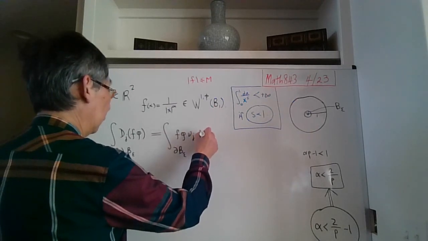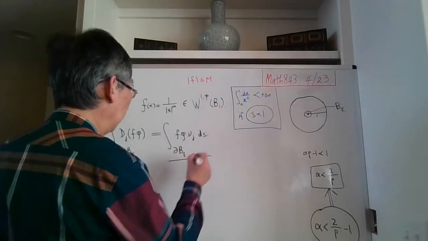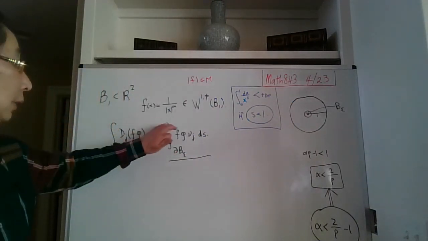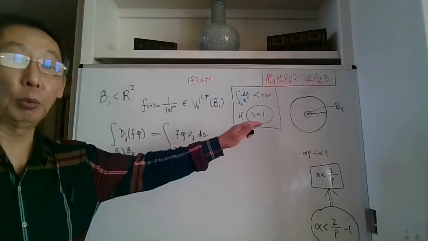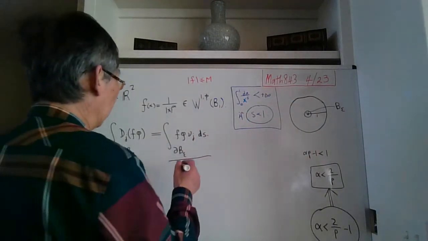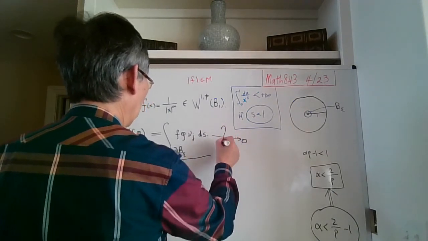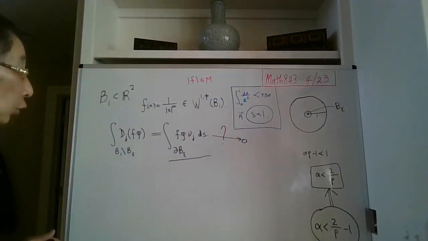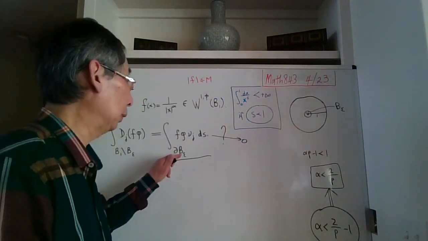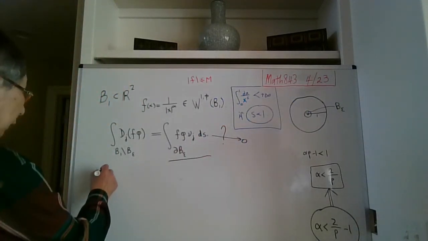Yes. So that's the result. So this is the term we want to estimate. In the previous example, you can see that this right term goes to 0. So that will imply the result. Therefore, we also need to show that this goes to 0. That's the main question. If I can show that this goes to 0 as epsilon goes to 0, then we're done. Okay, so let's look at this term.